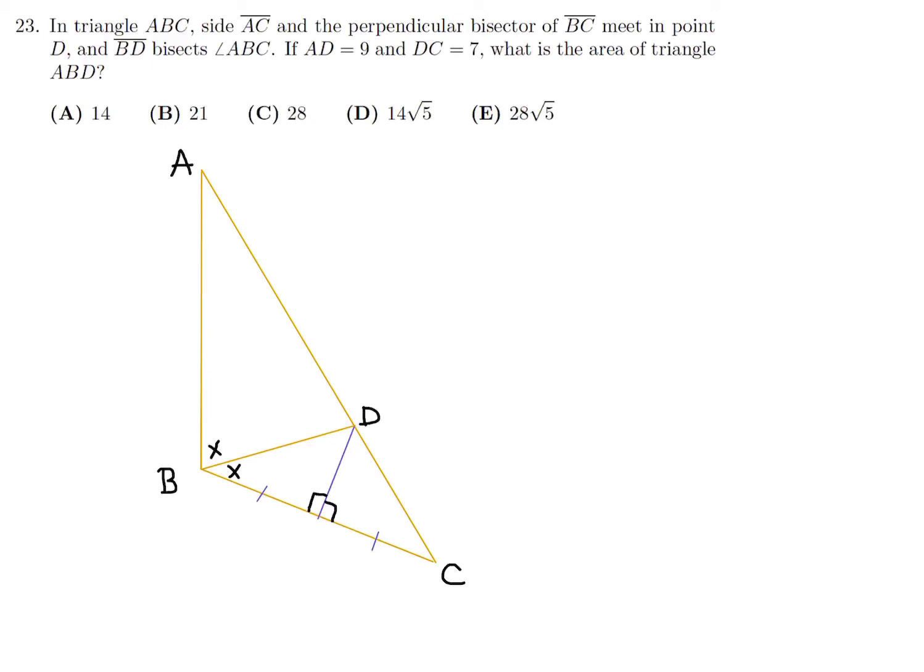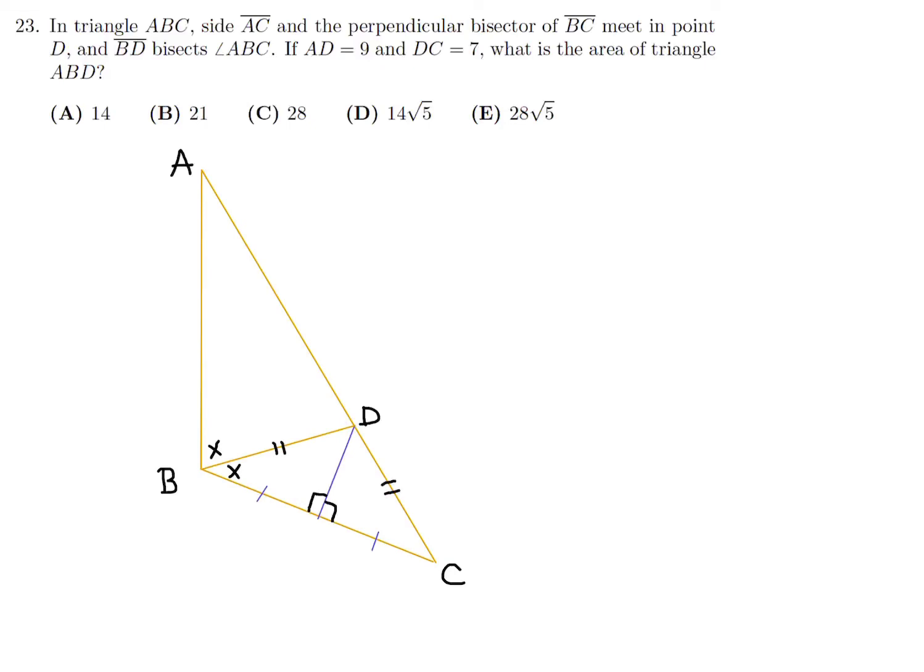Now, from the nature of this, since you have a line that cuts BC in half, if you draw lines from B to D and D to C, those will be equal, like that.